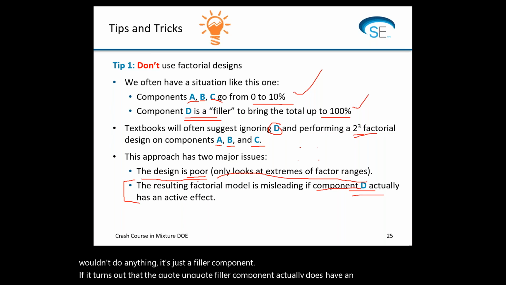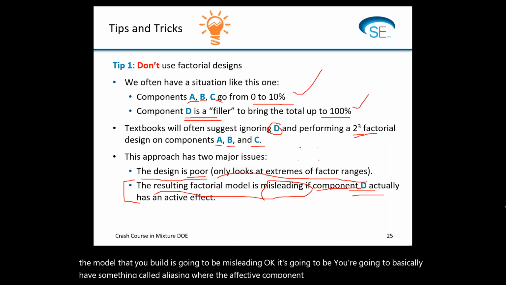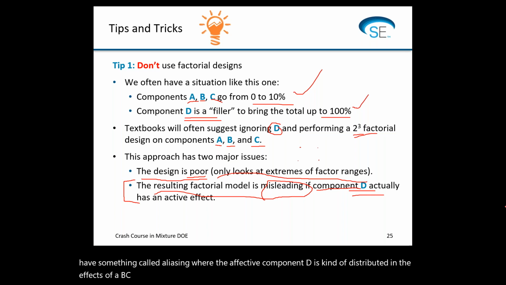If it turns out that the quote unquote filler component actually does have an active effect, then the model that you build is going to be misleading. You're going to basically have something called aliasing, where the effect of component D is distributed into the effects of A, B, and C. So what you're seeing going on with A in the model might actually be some combination of A and D, and you never know that.